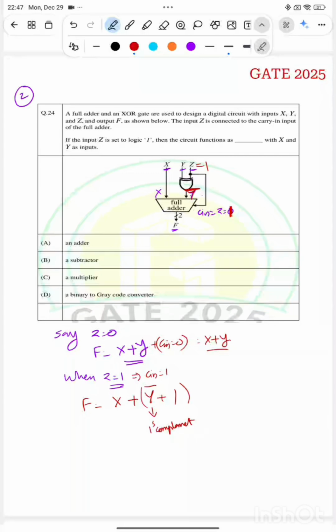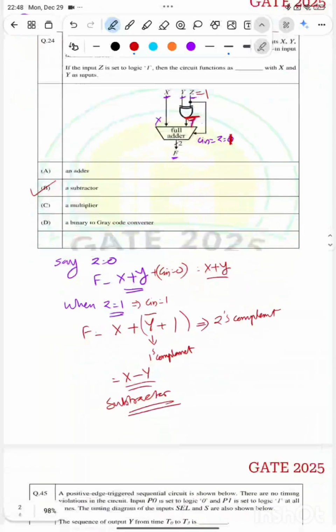Okay, and adding this 1's complement with 1 will give us 2's complement. So it is similar to x minus y. So it's actually acting as a subtractor. Okay, so answer is B. So when z is 1, this full adder, or the circuit, acts as a subtractor.